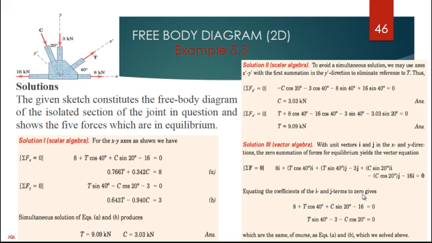You can as well use the x prime y prime. You do the same summation of forces in the x and summation of forces in the y. If you want to go further, you can even use vector algebra.